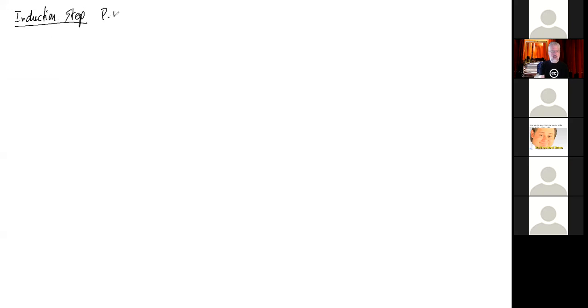So P of n implies P of n plus 1. Oh, man. P of n plus 1, i.e., there exists k in the integers where 4 to the n minus 1 implies exists k in the integers. Oh, man, I really got ahead of myself here.